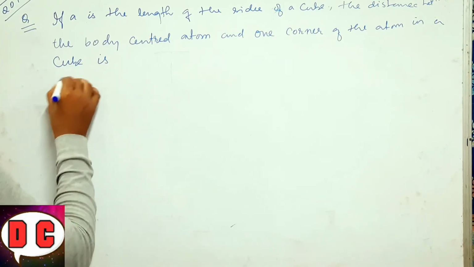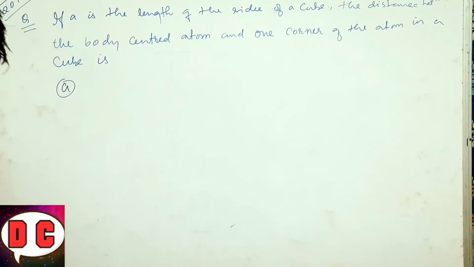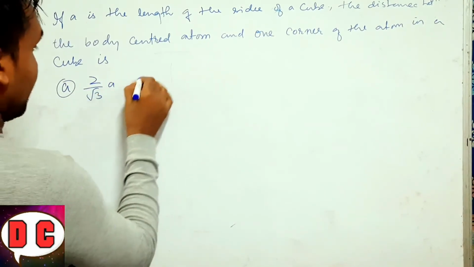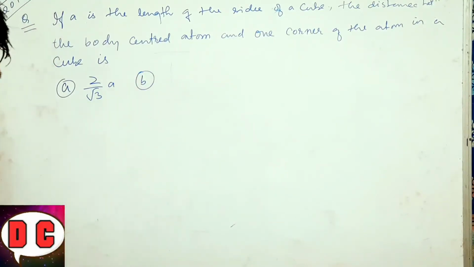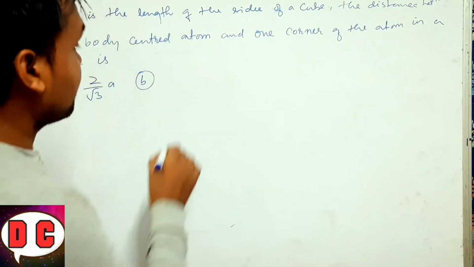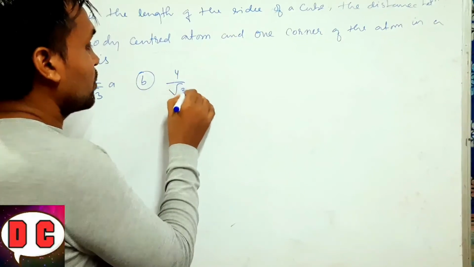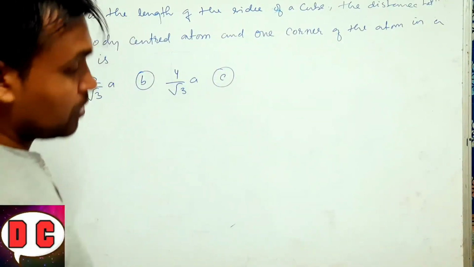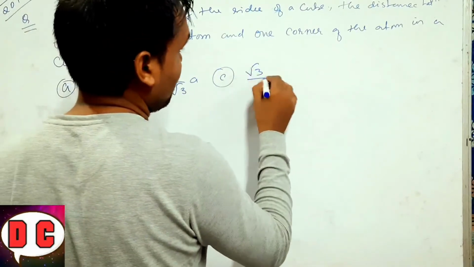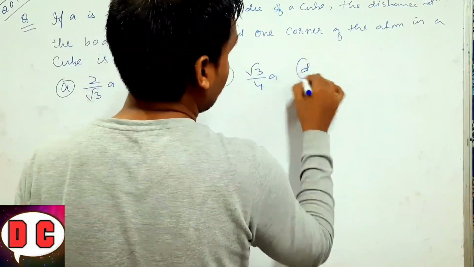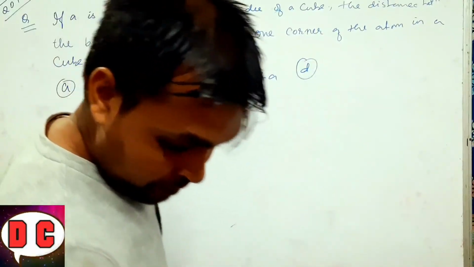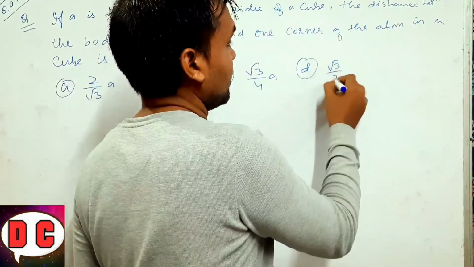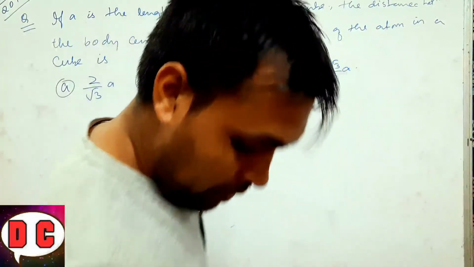The options they have given: option A is 2 by root 3 a, option B is 4 by root 3 a, option C is root 3 by 4 a, and option D is root 3 by 2 a.